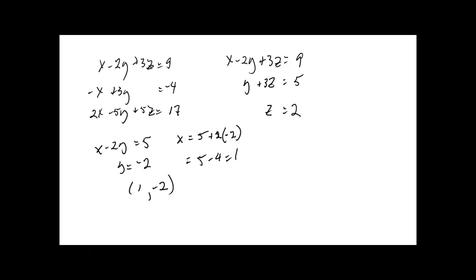Now let's do the one at the top of the page, so I didn't have to write it again. Okay, let's do that. We already said we know z is equal to 2. What's y equal to? Got it?